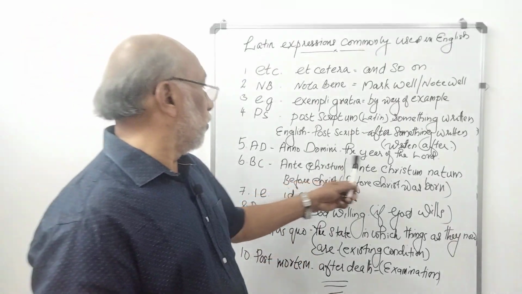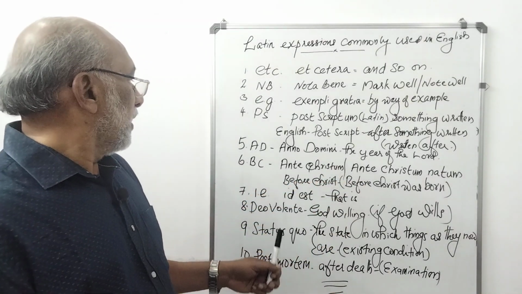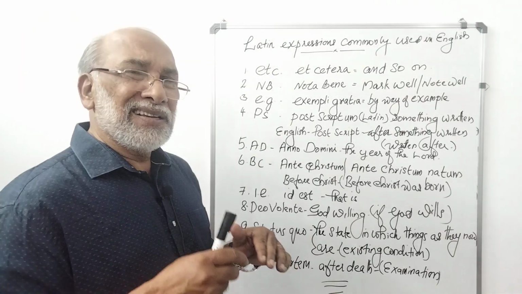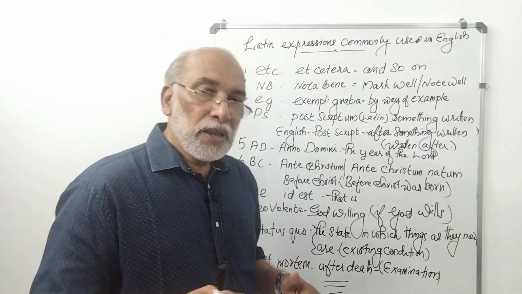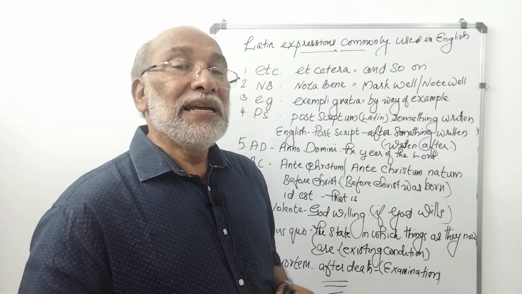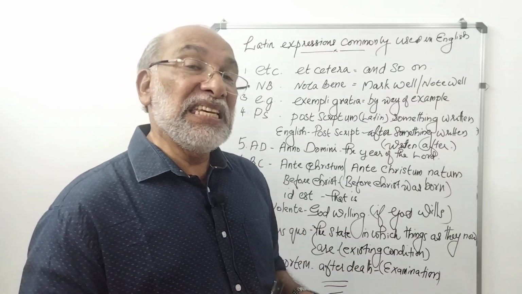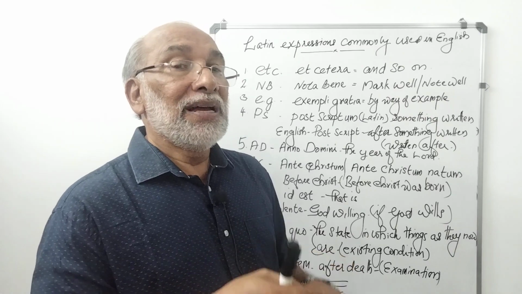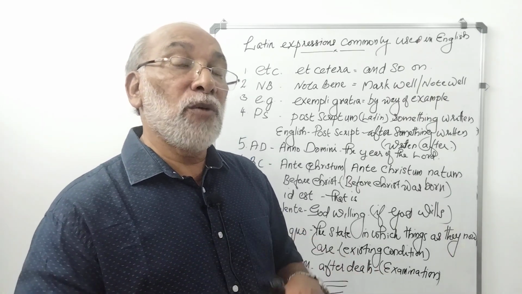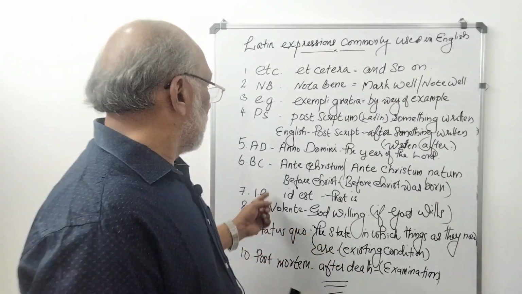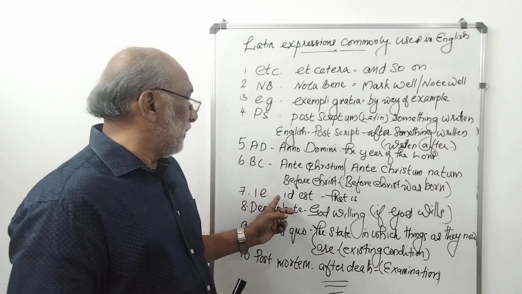And these days it is actually used in a different way. That is CE, Common Era, and BCE, that means before the Common Era. Before Christ, and the common era is after Christ. So that is AD and BC.